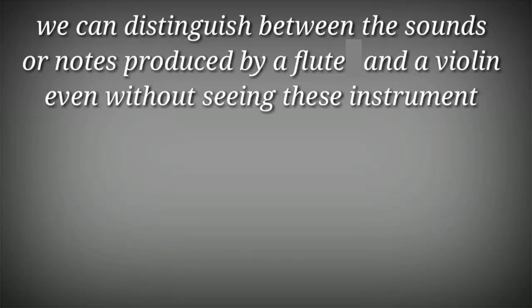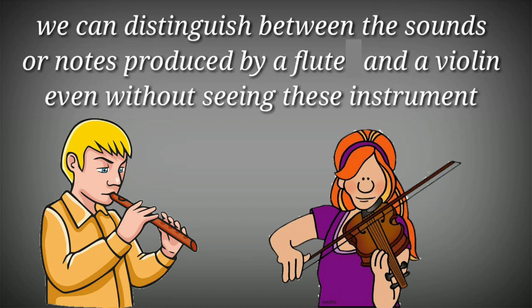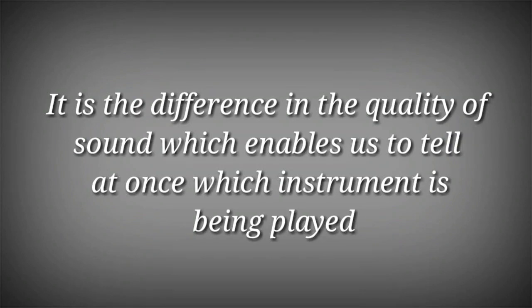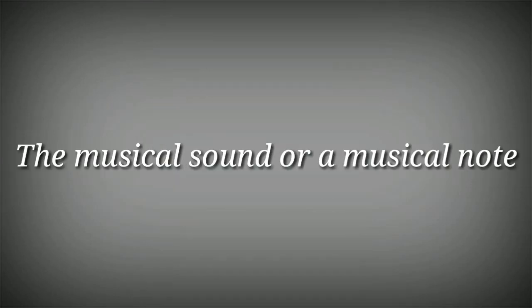We can distinguish between the sounds or notes produced by a flute and a violin even without seeing these instruments. This is because the sounds produced by a flute and a violin differ in quality or timbre. It is the difference in the quality of sound which enables us to tell at once which instrument is being played, the musical sound or a musical note.